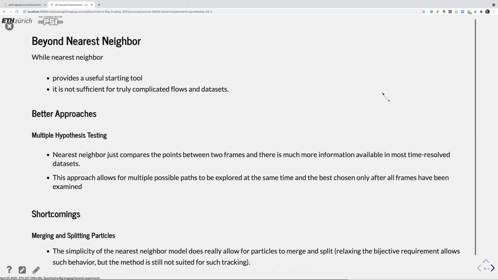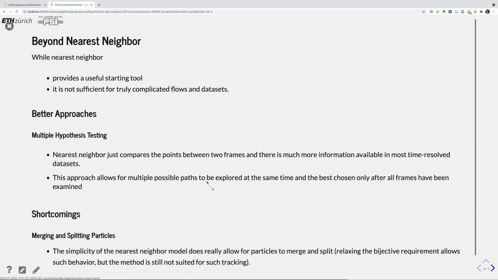Well, then we can also go beyond the nearest neighbor. It's a good starting tool and an easy thing to implement, but it may not be sufficient if you have more complicated flows with crossing trajectories in the data set. So you can use some multiple hypothesis testing to work with it.